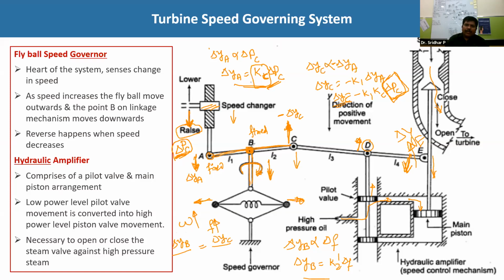For delta YB, the perpendicular distance here is L1. From C to the fixed point, the distance is L1 plus L2. So delta YC is equal to (L1 plus L2) by L1 into delta YB. This delta YB is K2 dash into delta F, so finally (L1 plus L2) by L1 into K2 dash into delta F, which is K2 into delta F, you are going to get.